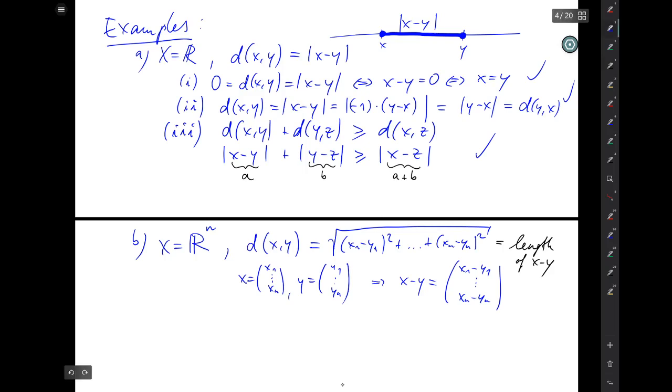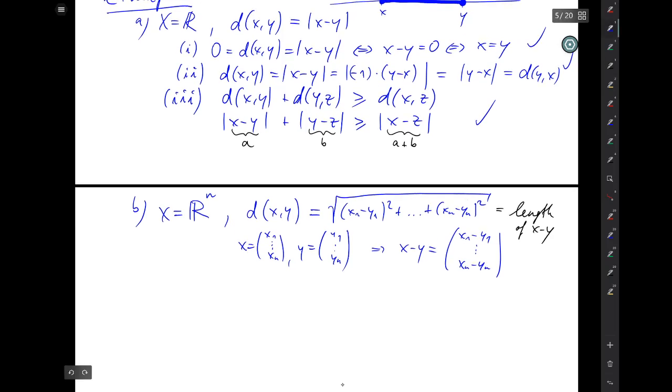Should we try to check whether or not this is a metric, a distance function? Well, to start with, we would have to check when the result is equal to 0. Okay, so when do we get 0 here? Well, the root is 0 if and only if the thing underneath the root is 0. Well, that is just a sum of squares.